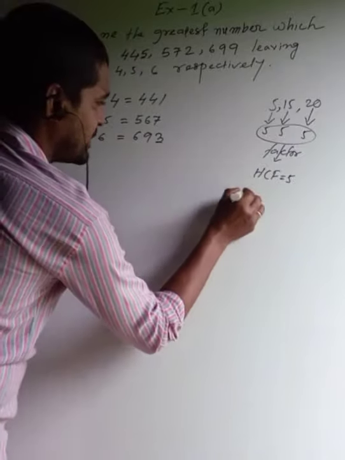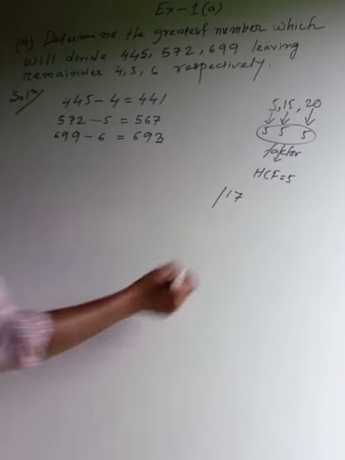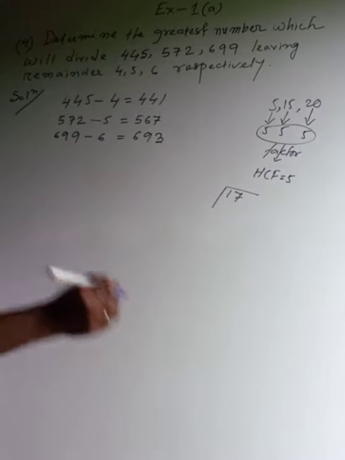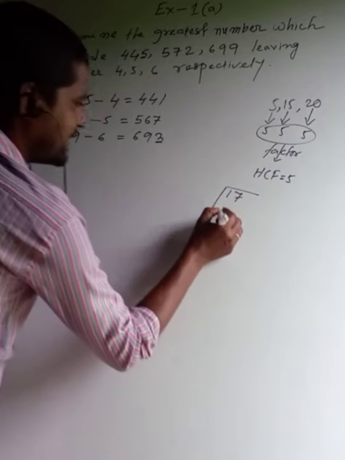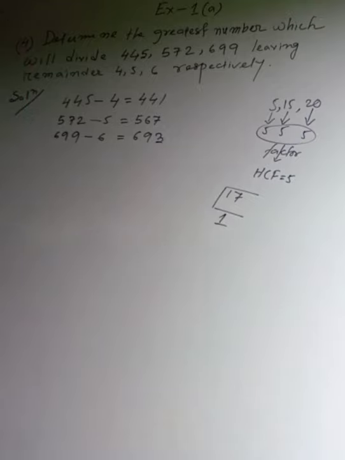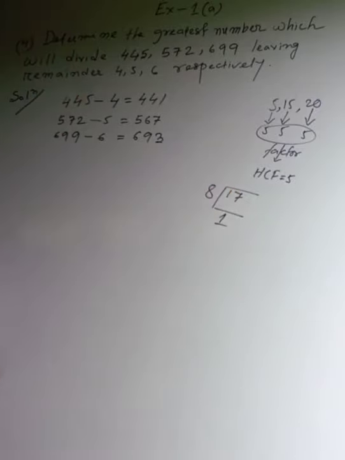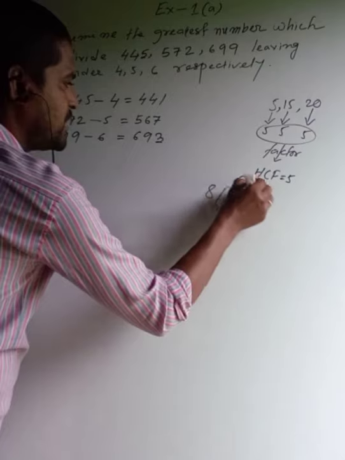Suppose 17, and they have given the remainder 1. Suppose the divisor is 8, 8 twos are 16.